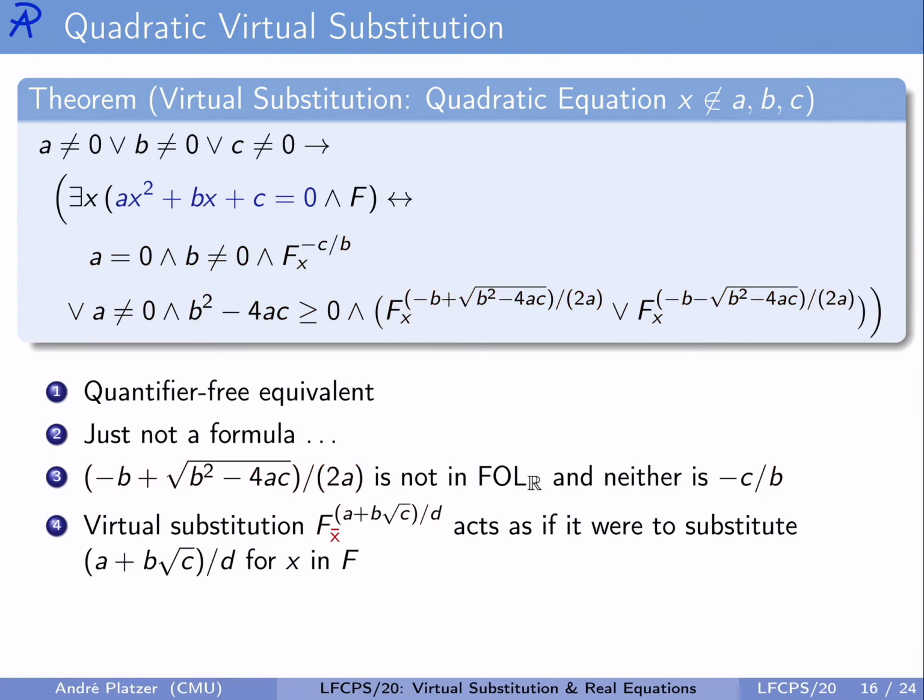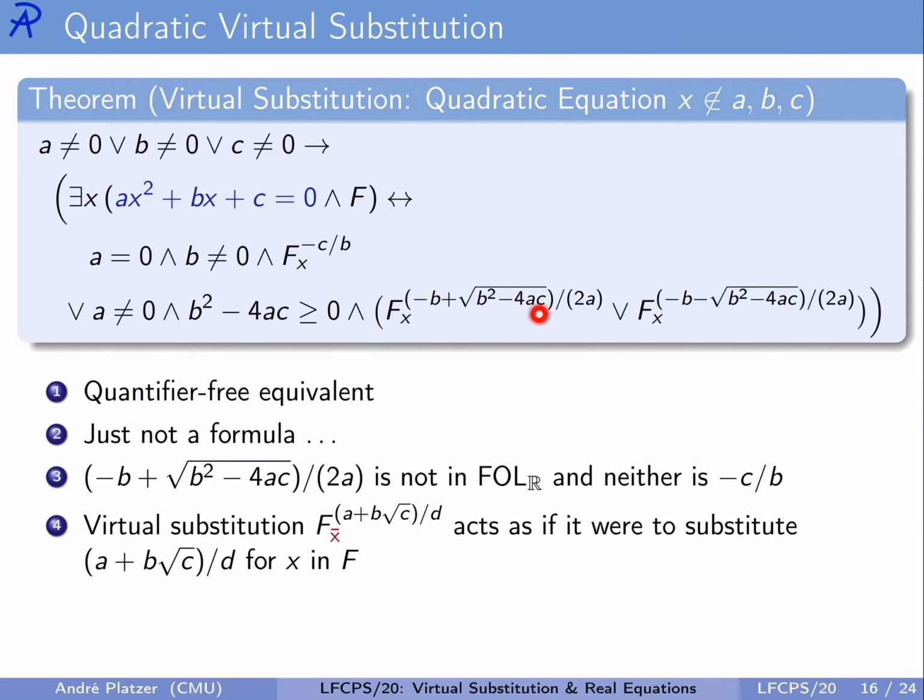Now what we do is, it's still an equivalence, right? We're just not allowed to mention these terms syntactically. If we define a virtual substitution, an operation that pretends to plug in these square roots and divisions into formulas, square roots of the generic shape a plus b square root of c divided by d.